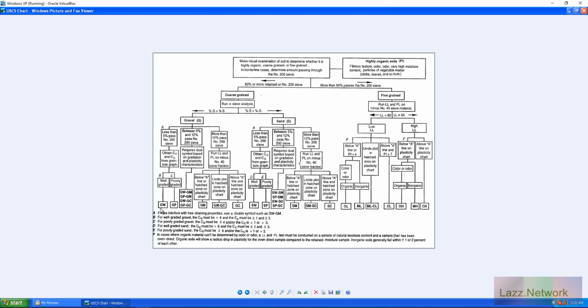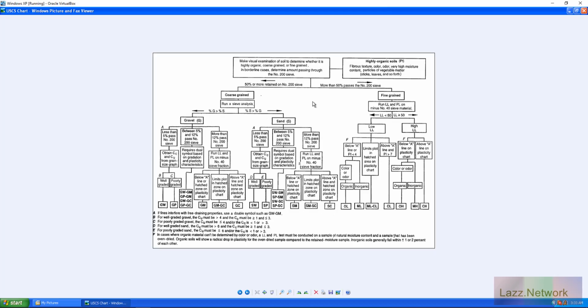Before we had GW, GP, GM, GC. Here it's almost the same, but instead of the G's it's replaced with S's. G stands for gravel and S indicates sand, but it's following the exact same premise.